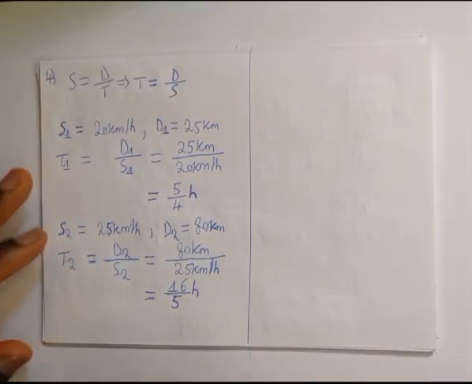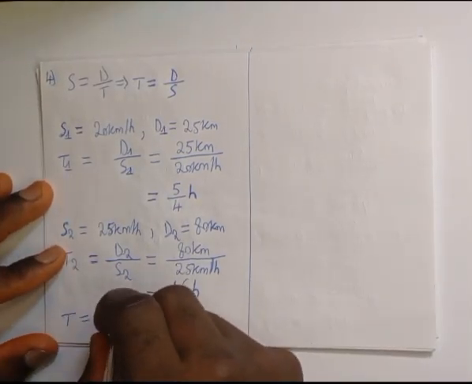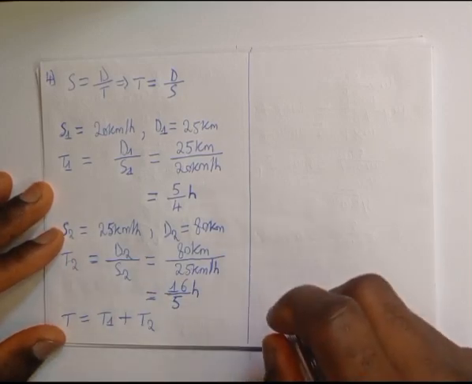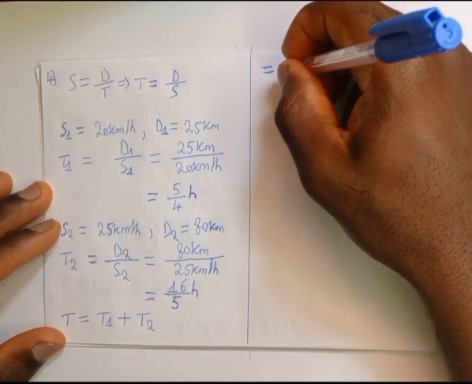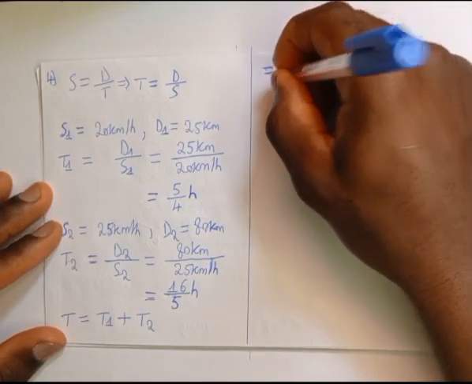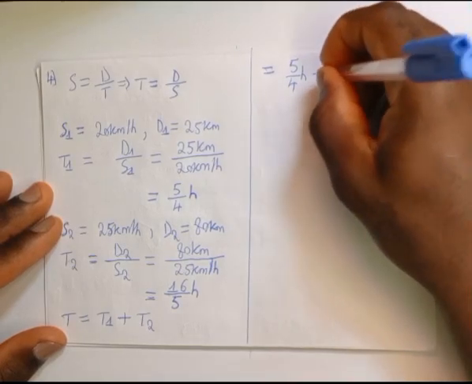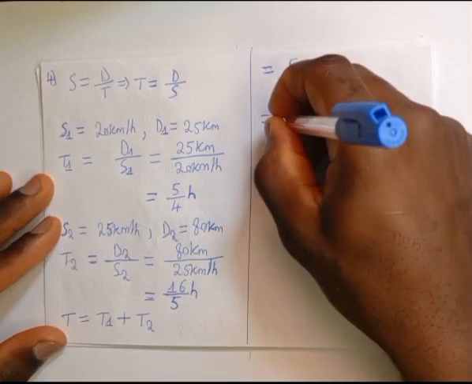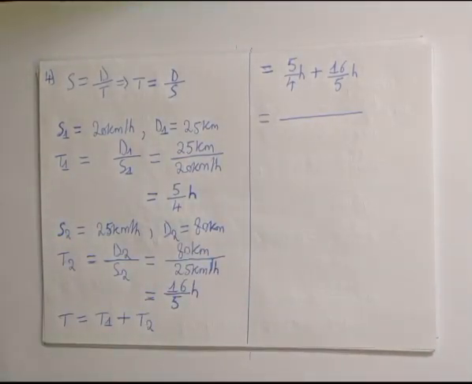The time taken for the whole journey, T, will simply be equal to T1, time taken for the first phase, plus T2, time taken for the second phase. And this will be equal to T1, which is 5 all over 4 hours, plus T2, which is 16 all over 5 hours. This will simply be equal to, we find the LCM of their denominators.